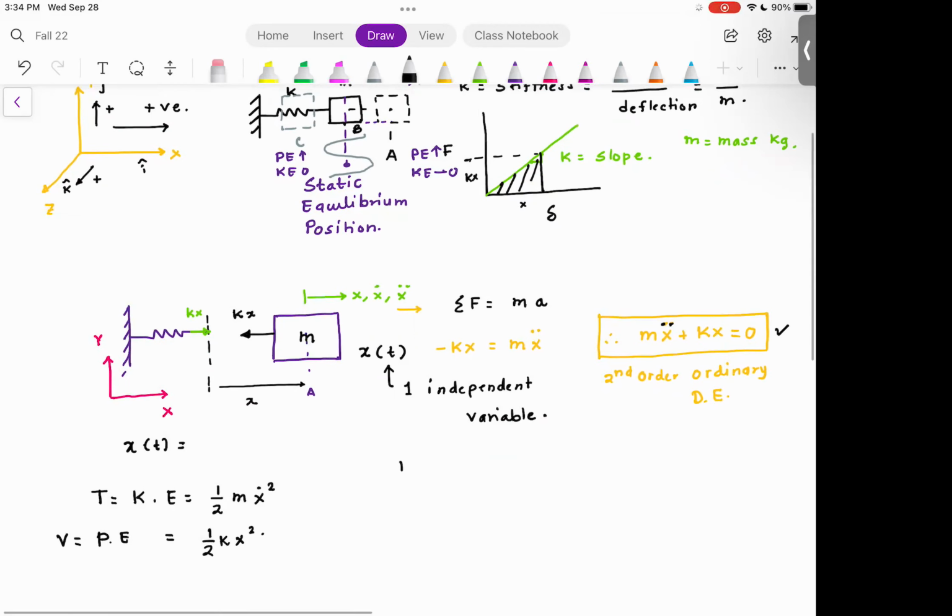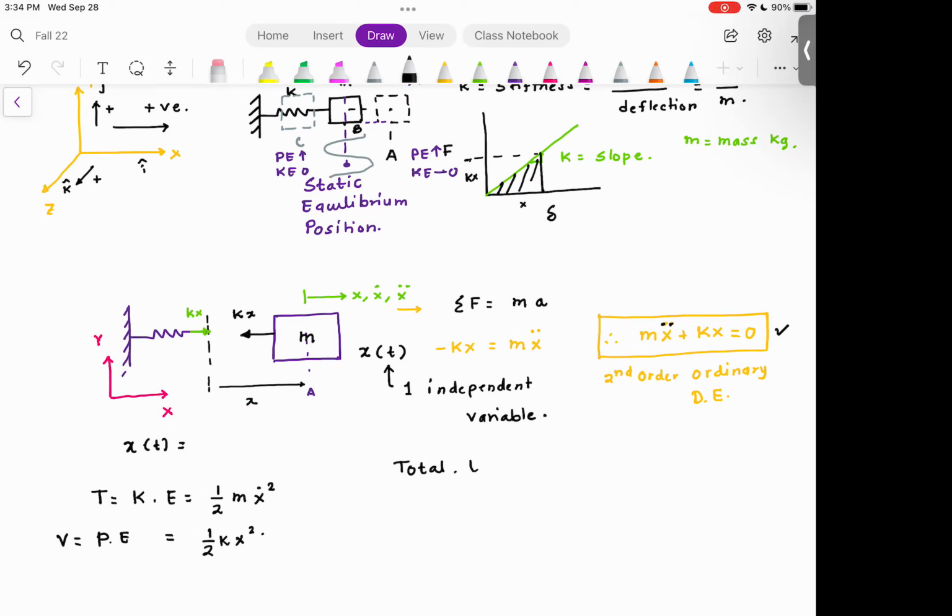So the total energy, and this is a super important concept, because there is a whole body of knowledge called Lyapunov methods. They are all based on this concept. If you take some electrical engineering or control courses, the concept of Lyapunov is all based on this.